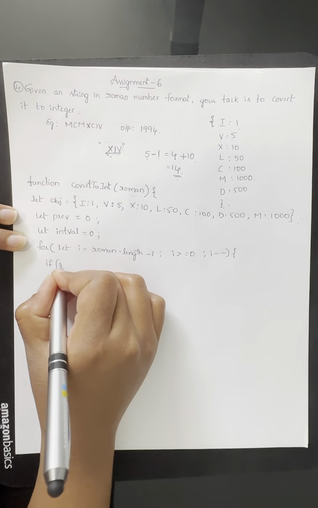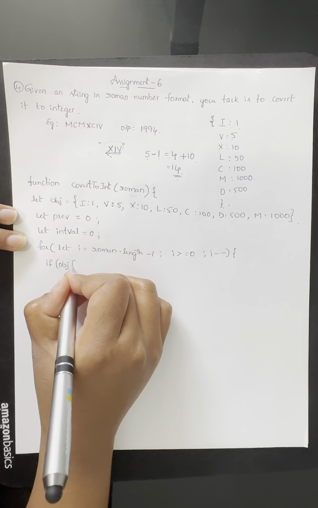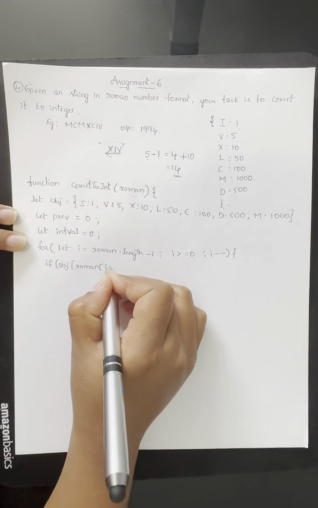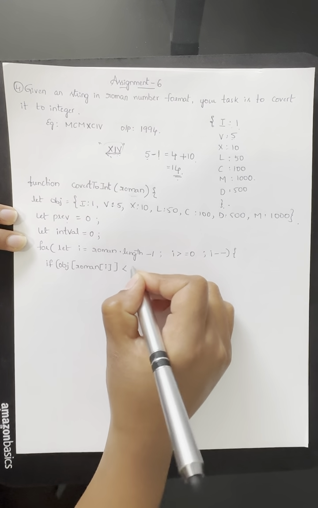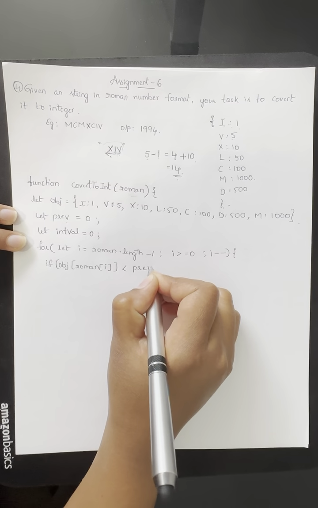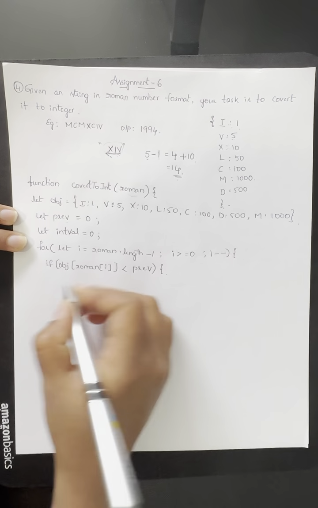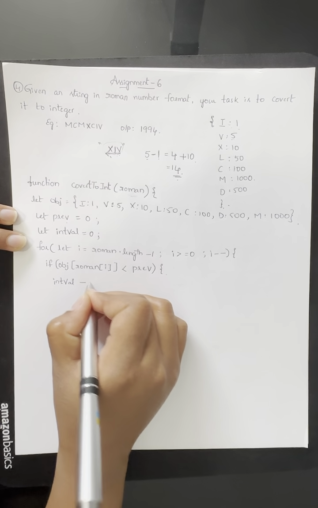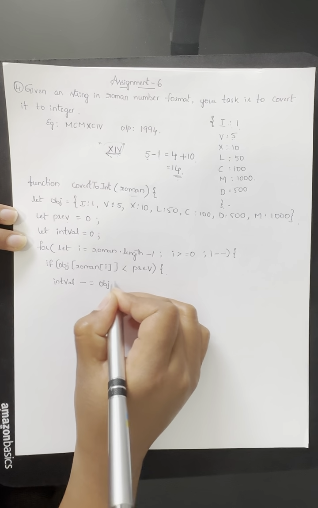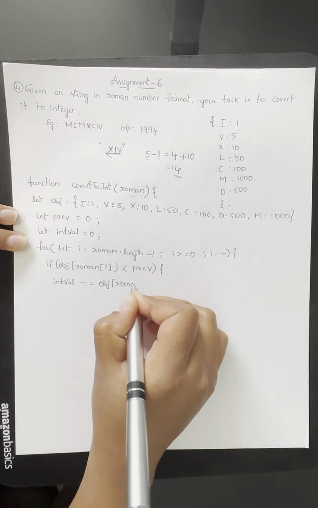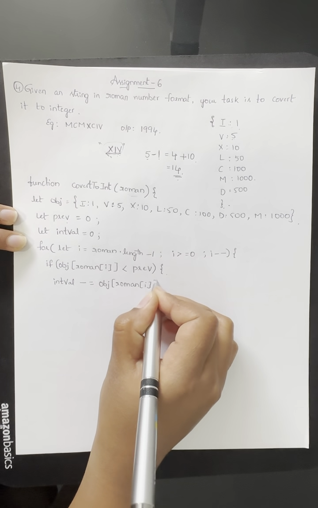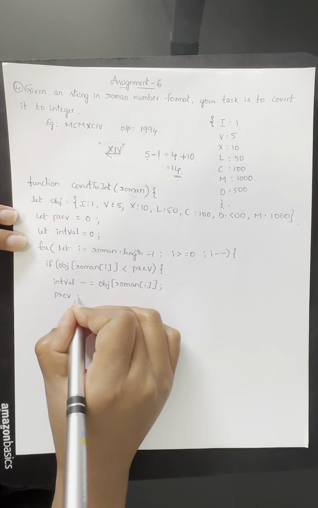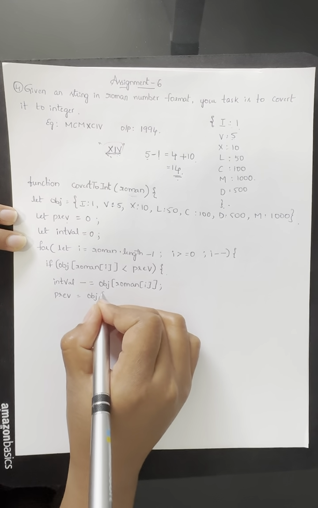If object of roman of i is less than the previous, then from intValue we'll be subtracting the object of roman of i, and we'll update the previous value to the current value.